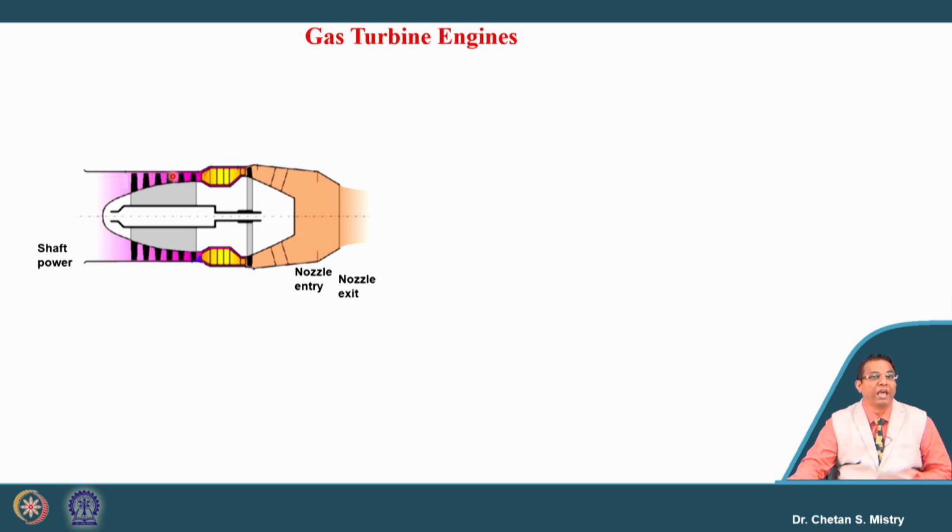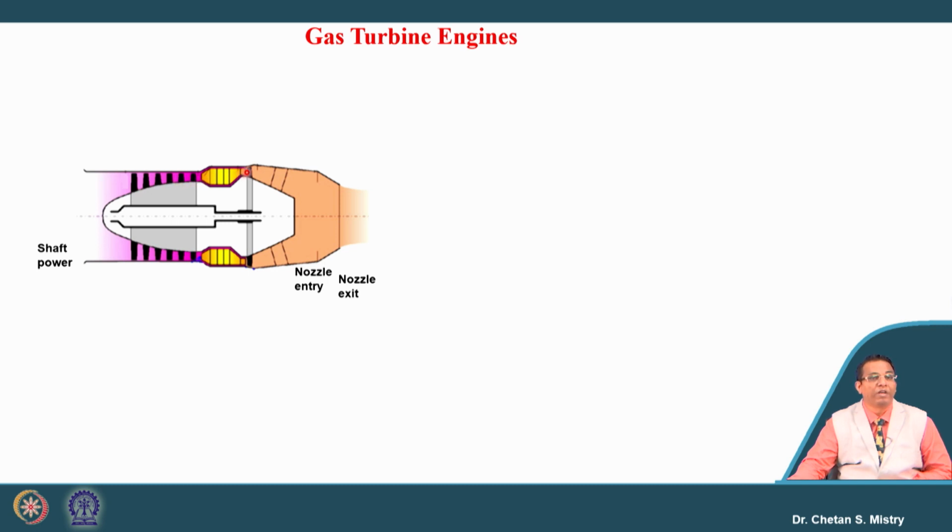This compressed air at high temperature and high pressure is injected into the combustion chamber, where we add fuel and burn it. That generates the flue gas, which strikes the turbine blades. The rotation of the turbine blades rotates our compressor blades.